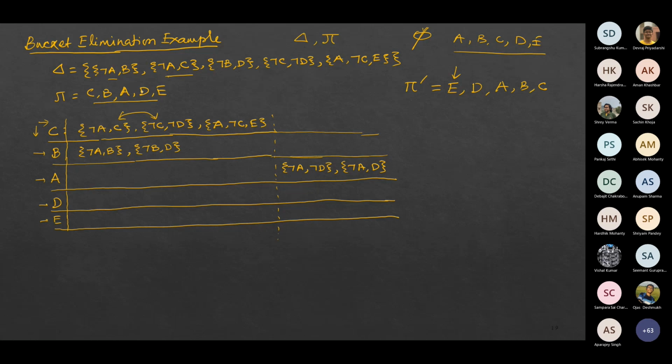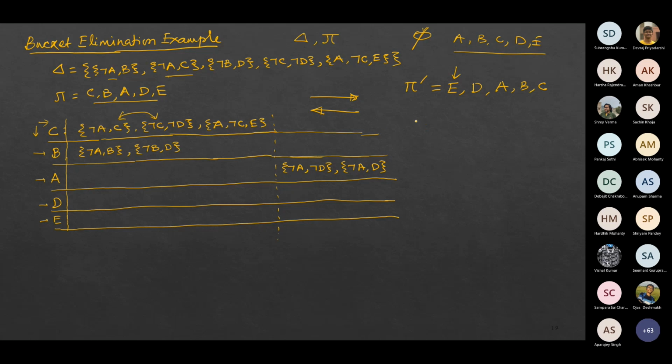So what we are doing is processing the clauses in the forward way, and assigning the values in the reverse way. So this is the thing that we are doing, right? Now the rule for variable assignment is, so there are two cases. If you look at the buckets, there are two cases.